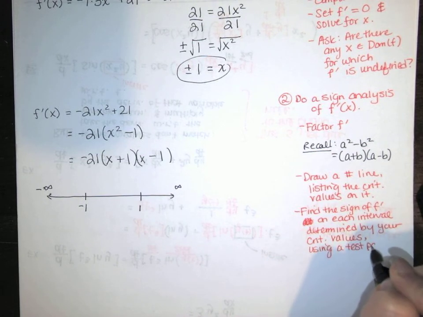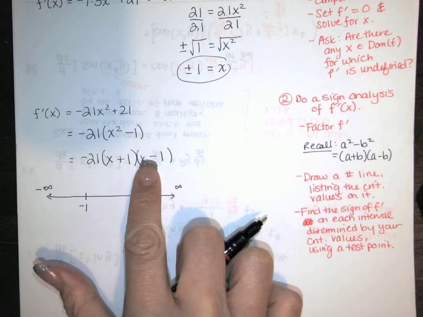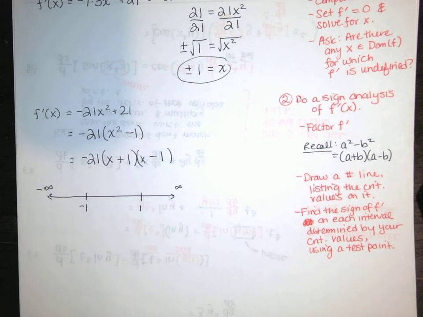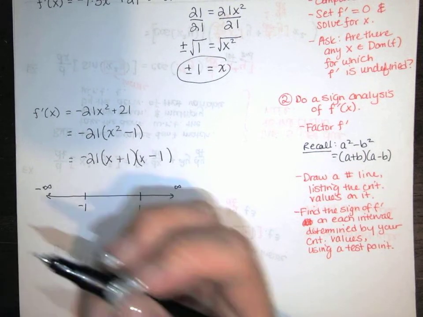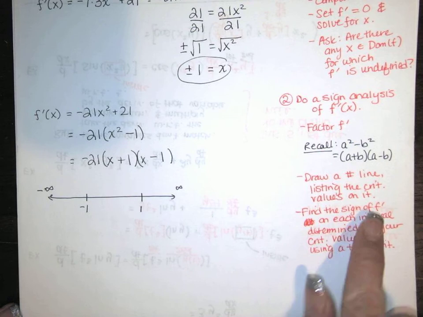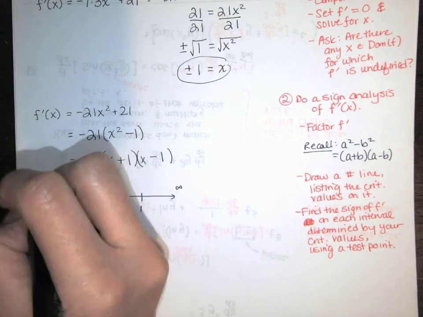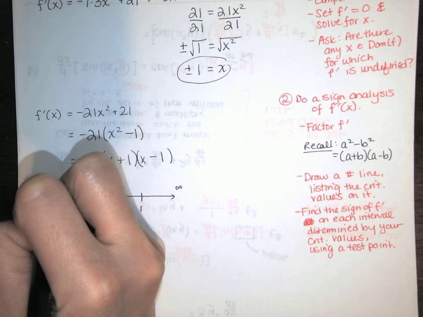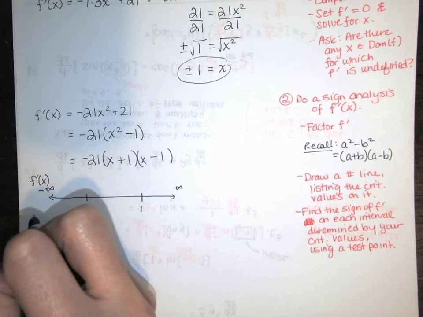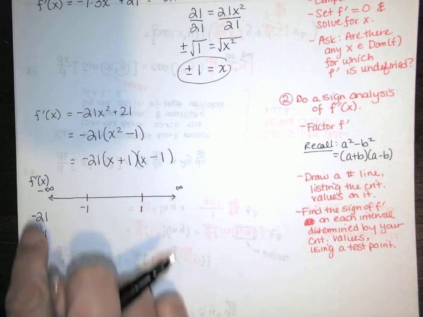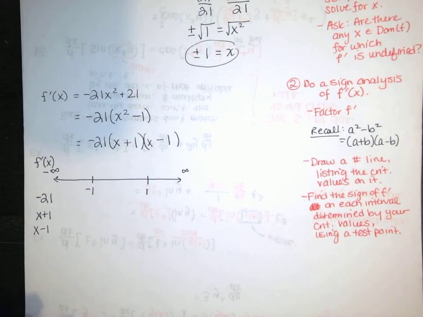Now this is where I say to my students, you don't have to use the factored version of f prime for this. You could always just go back to the original function. I was taught to use the factored version because it's very quick and easy. So I'm trying to find the sign of f prime, and f prime is this times this times this. So I'm going to put f prime up here, and I want to say f prime is the product of -21 and x plus 1 and x minus 1. So I'm listing the factors of f prime below the number line.